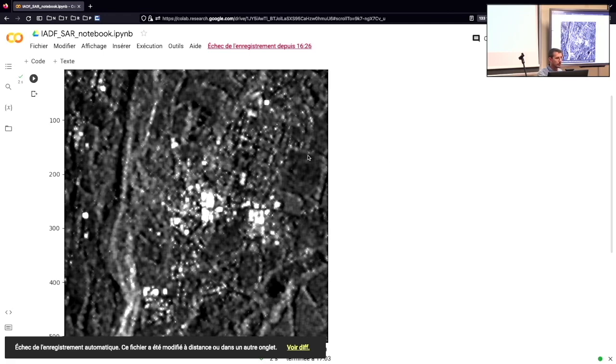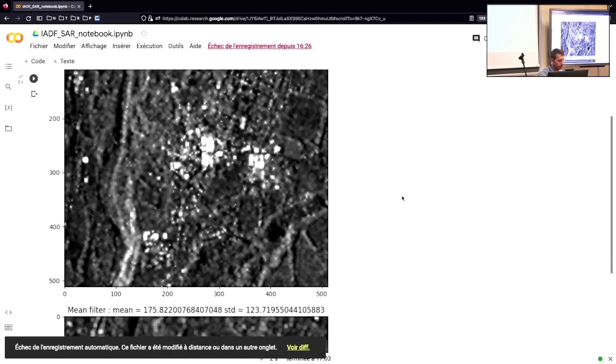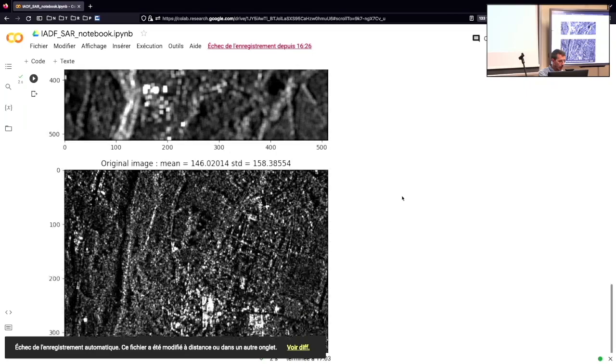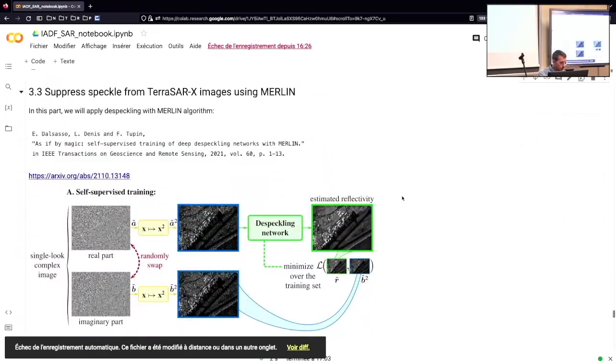The result is the same as the multi-looking filter in homogeneous areas, but we have better preserved the intensity, I mean the edges, but there's some speckle that is left, of course. So it's better, but still we can achieve better results with more sophisticated algorithms. And that's what we're going to do.